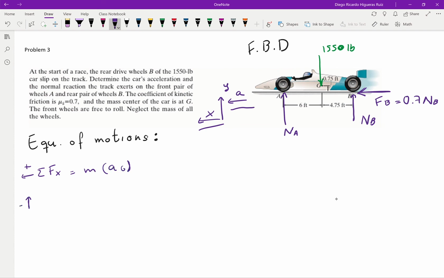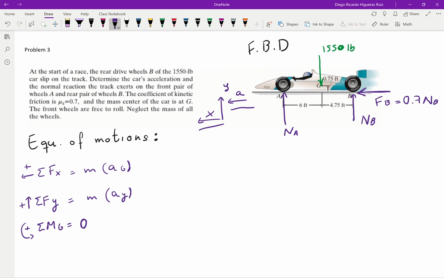We're gonna do summatory of forces in the Y equal mass times acceleration in the Y. Then we're gonna do summatory of moments with respect to point G, so the center of mass, equal to 0. Okay, and now we're just gonna go ahead and solve the problem.